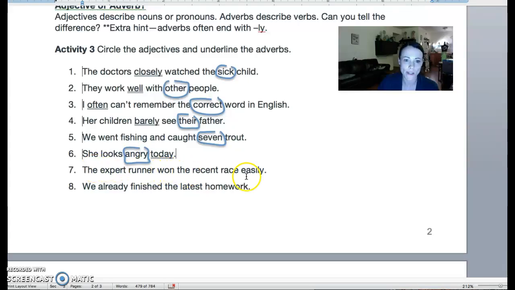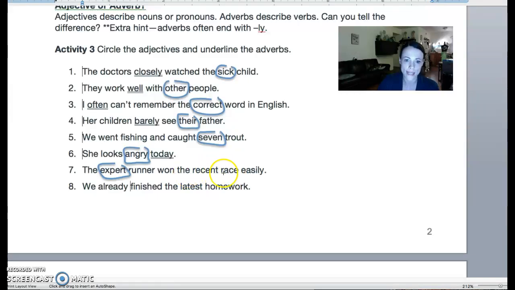All right, the expert runner won the recent race easily. We have expert. Expert describes what kind of runner she is, so that is an adjective describing the noun runner. And we also have recent race. What is that?